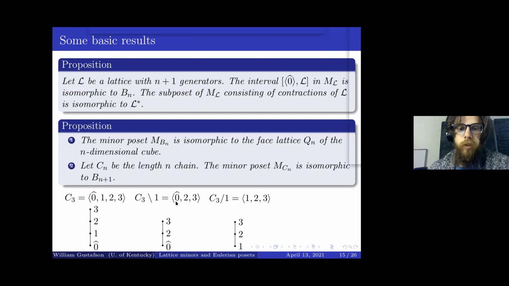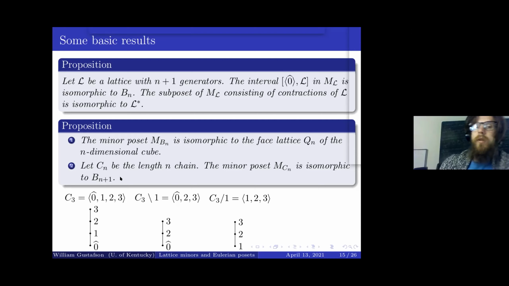So if you start with a chain here and delete a generator, you can remove anything except the minimal element, and you get another chain. If you contract by the atom, you get rid of the 0 hat, and you get another chain. So these covers are exactly the covers of the Boolean algebra of rank 1 higher.